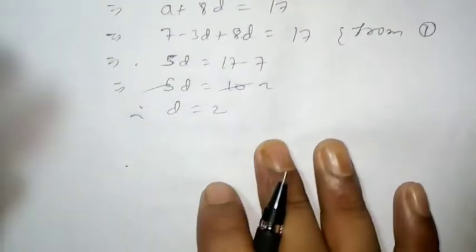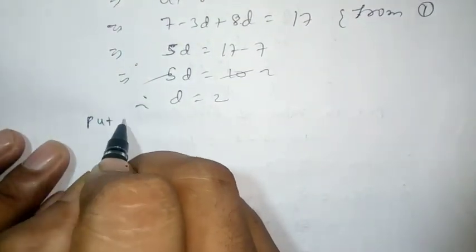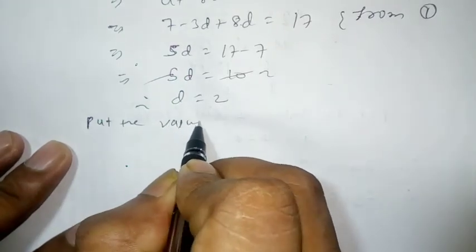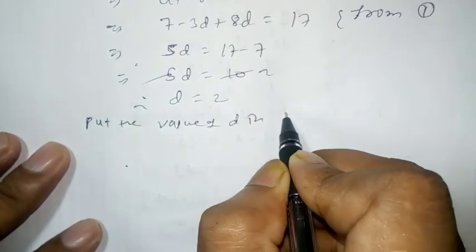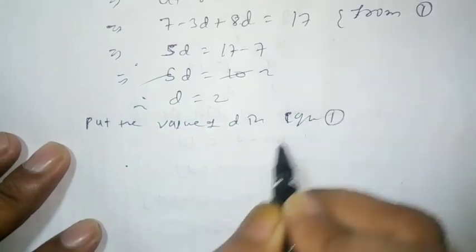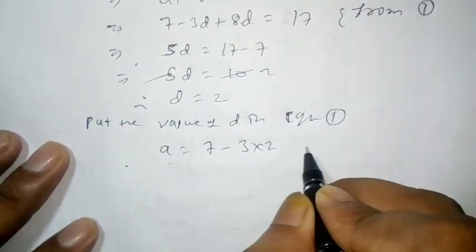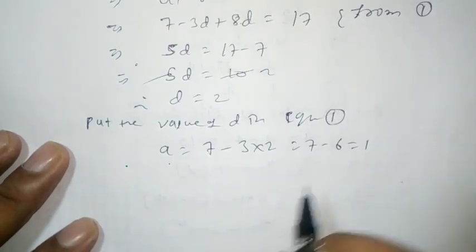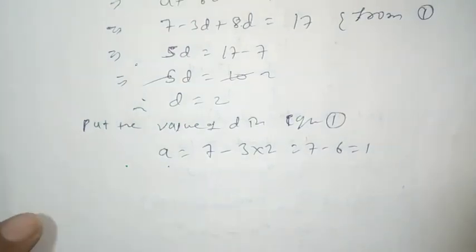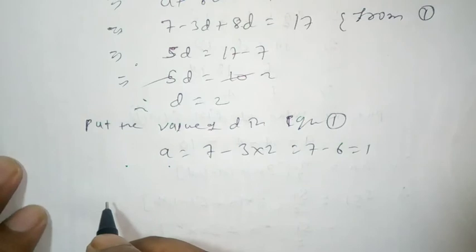Now put the value of d in equation 1, then a is equal to 7 minus 3 into 2 is equal to 7 minus 6 is equal to 1. We have to find the value of first n terms.